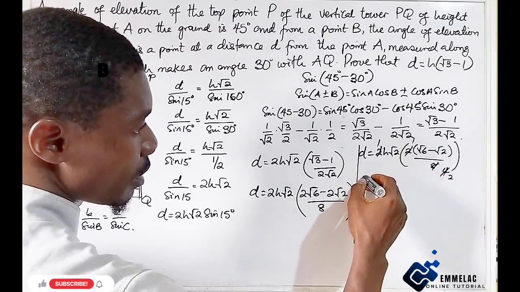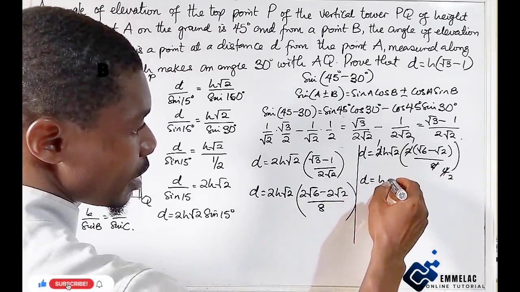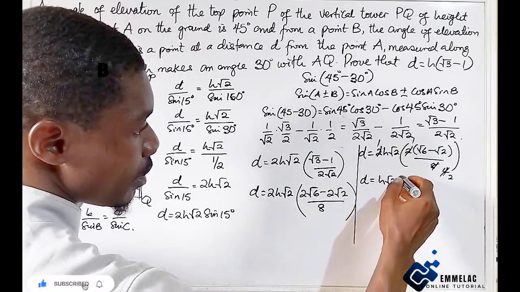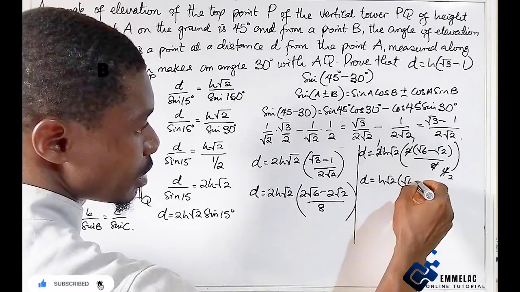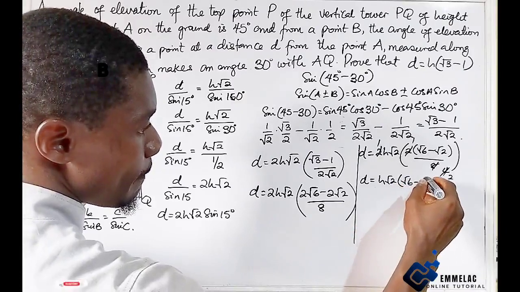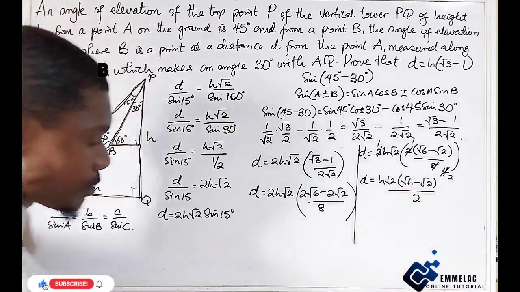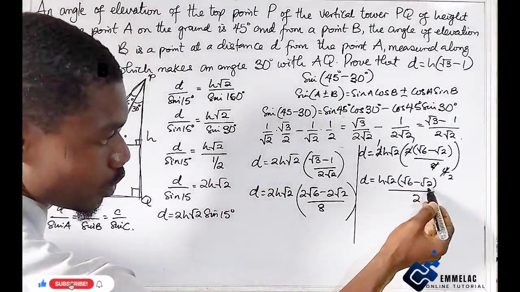So D then equals H root 2 into root 6 minus root 2 over 2. You can see that root 2 is also common here.